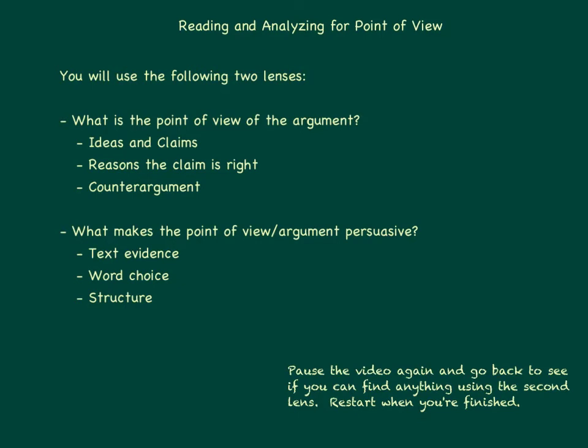In other words, you're not necessarily reading the whole entire thing again. Focus on those areas where you've already identified claims, reasons, or counterargument. Pause the video again, and now go back to see if you can find anything using the second lens, and then restart when you are finished.